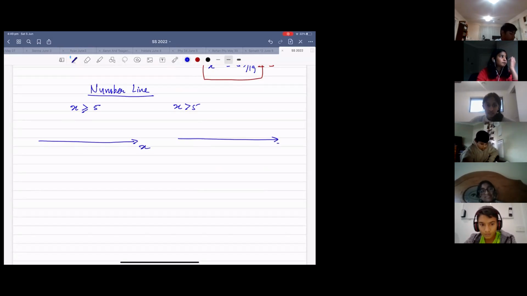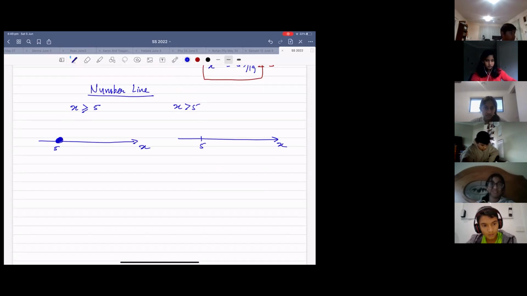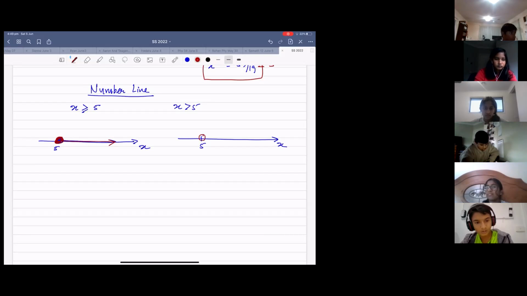So this is the x axis, and 5 is here. If it is greater than or equal, you put the circle and shade it, and you mark this arrow. Why? Because it goes to infinity.